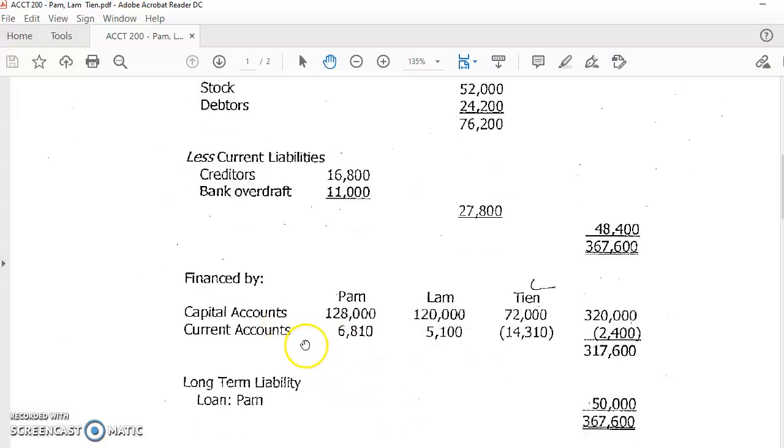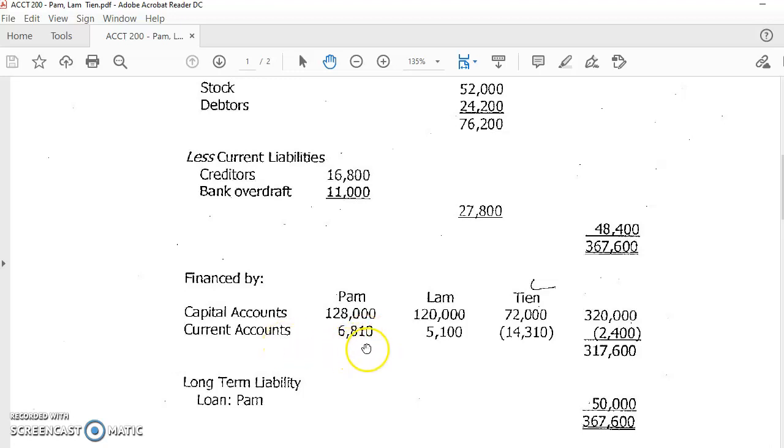Also, we saw the current accounts for Pam was $6,810 credit, Lam $5,100. And remember, we stated the credit balance on a current account is the amount that the partner is still entitled to, which would also increase their capital.